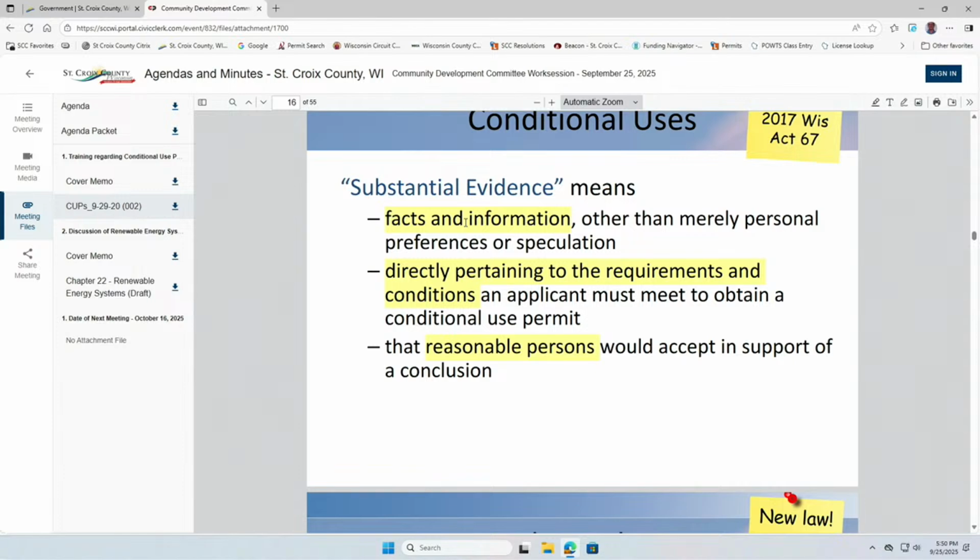A lot of times, if they're coming in applying for a conditional use on the front side of the property, and let's say they've got some junk way on the back side of the property, it wouldn't be a reasonable condition to make them clean up all that junk in order to have their CUP permit. If they're in violation on the junk, that should be handled by our staff automatically. It's not something you'd want to tie to this permit application. And it's what reasonable persons would accept in support of the conclusion.